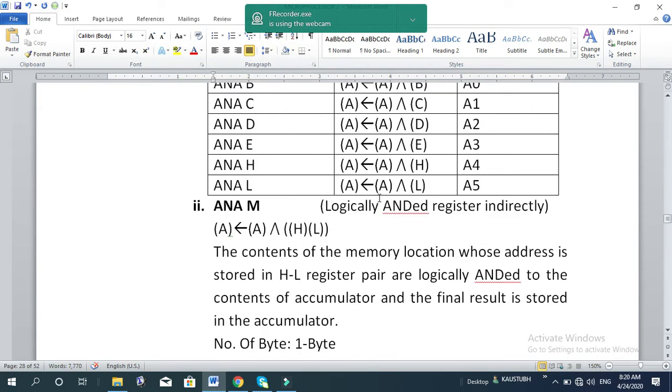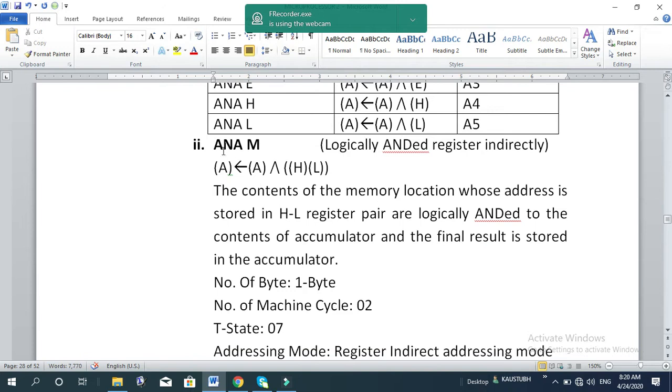Next, like ADD M, similarly ANA M. So M, as I have mentioned in my previous videos, is nothing but the memory location whose address is currently stored in the HL register pair. So it is indicating the memory location whose address is in the HL register pair, therefore it is register indirect.